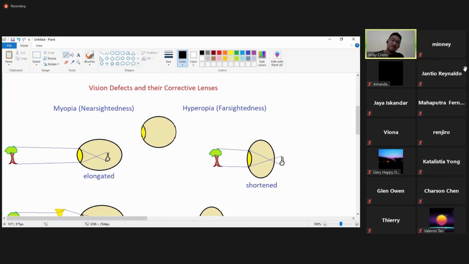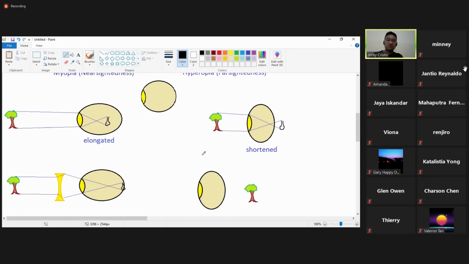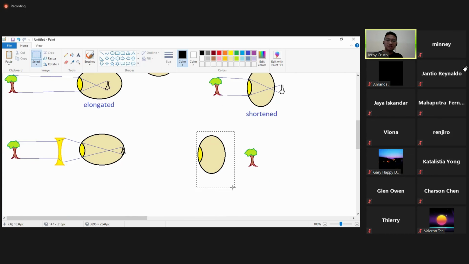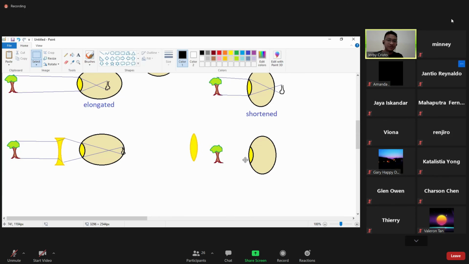Okay, so how do we correct that? In this case, we are going to use a convex lens. Let me copy an image of a convex lens. Here. Okay, so we use a convex lens to correct it.